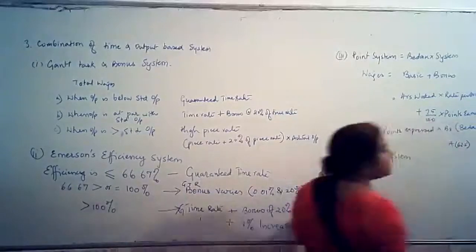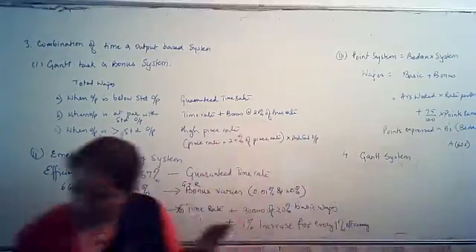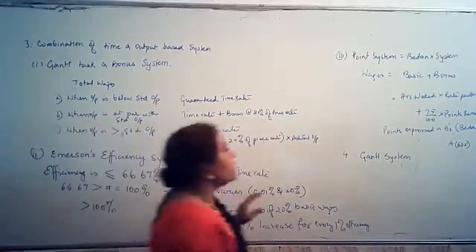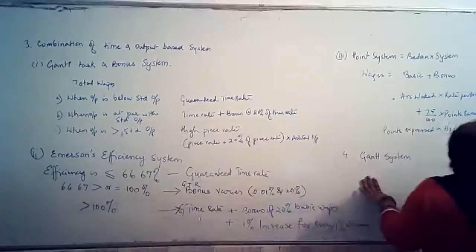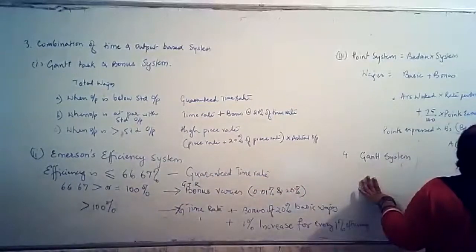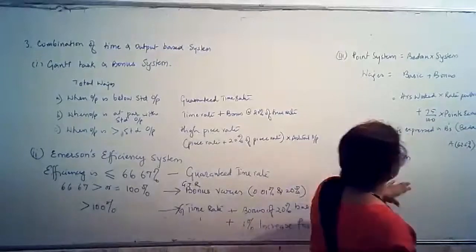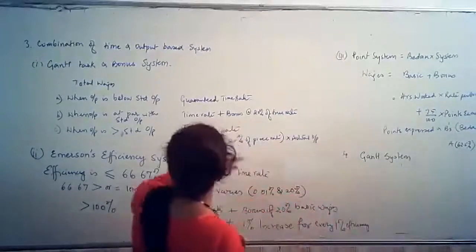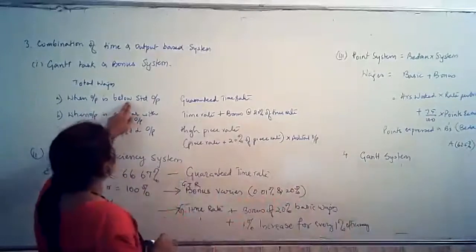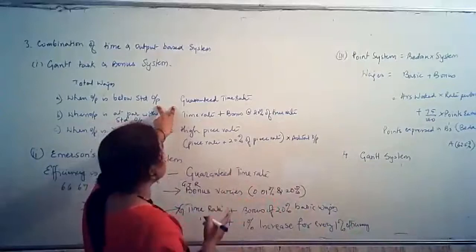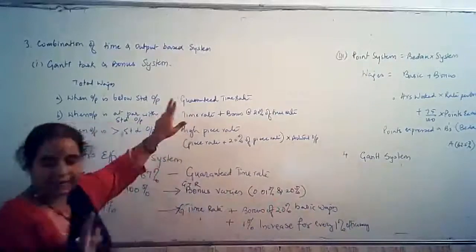And the last person, C's efficiency, was 125%. This is already calculated. So based on the Gantt system, how do we calculate? A is 62.5%, when the output is below the standard output, so he will get only the guaranteed time wages.